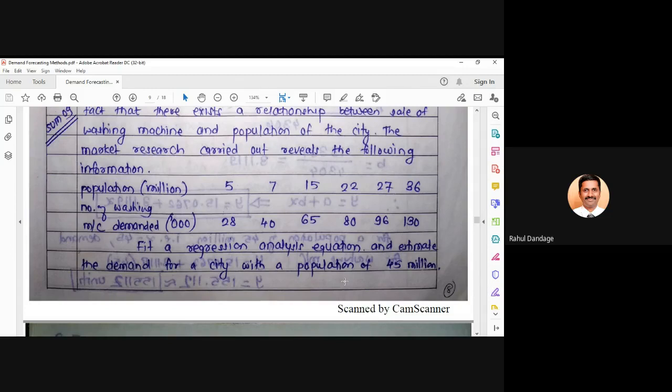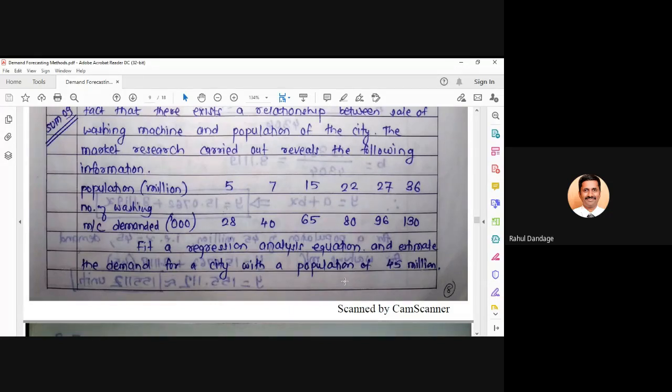But when there is a parameter like population and number of washing machines demanded, obviously there will be a certain relationship. If the population is less, the number of washing machines required will be less. If the population is high, the washing machines required will go on increasing. So these two parameters have a certain relationship between each other. If one is increasing, the other will also have an increasing trend in the data available.